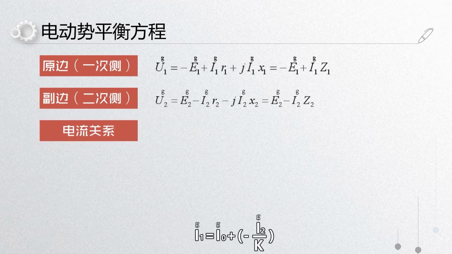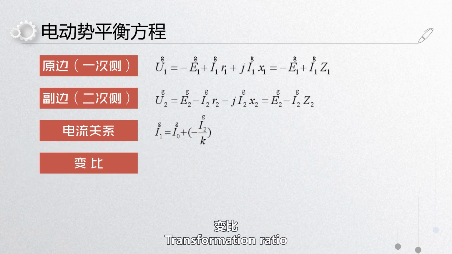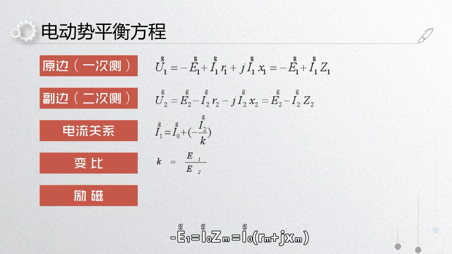Current relationship: I1 equals I0 plus (minus I2 divided by K). Transformation ratio: K equals E1 divided by E2. Excitation: minus E1 equals I0 times Zm, which equals I0 times (Rm plus j times Xm).